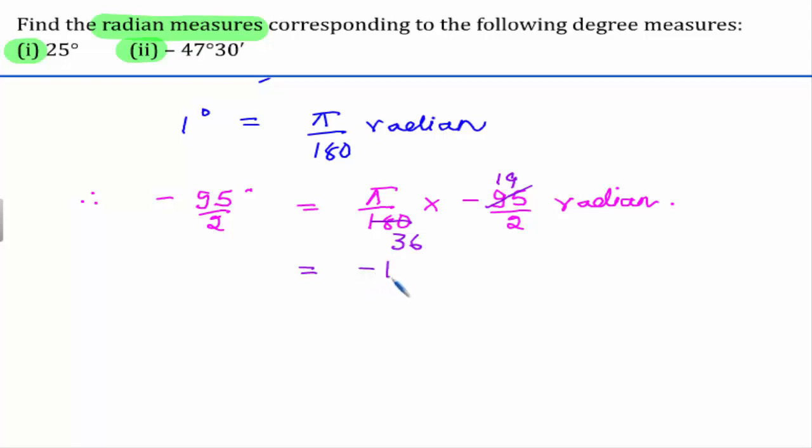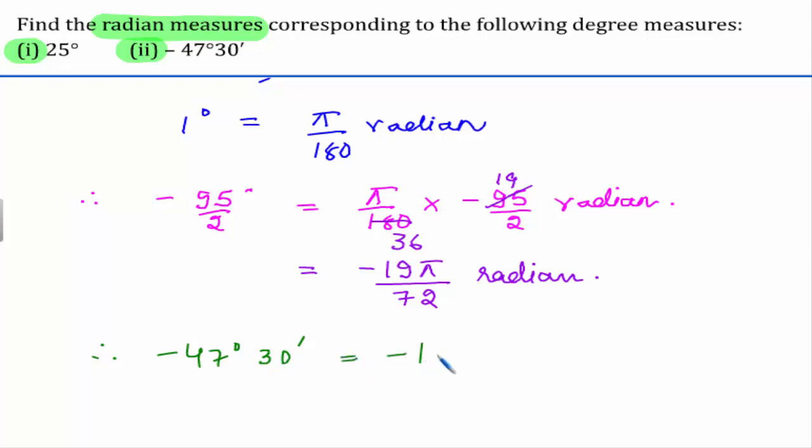Therefore, we have minus 19 pi divided by 36 into 2 is 72 radian. Therefore, minus 47 degrees and 30 minutes is equal to minus 19 pi divided by 72 radian.